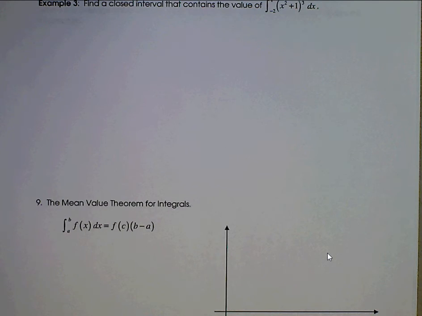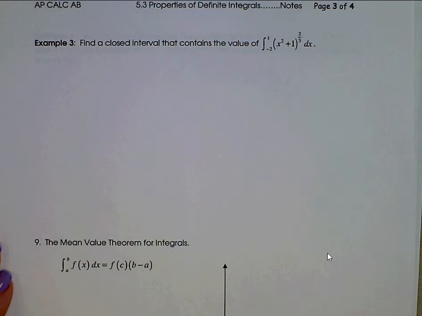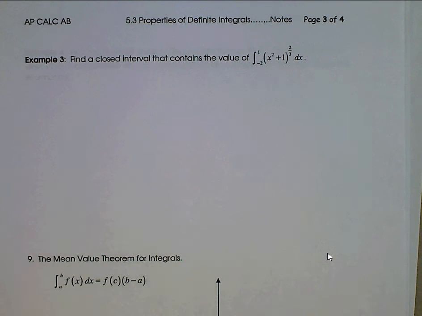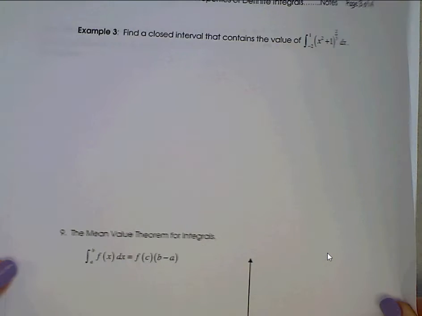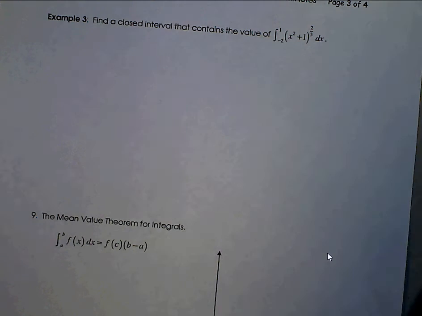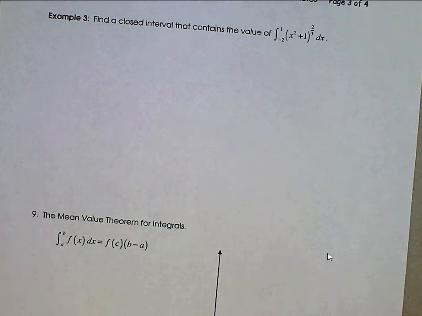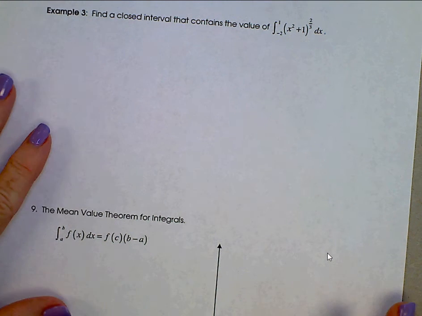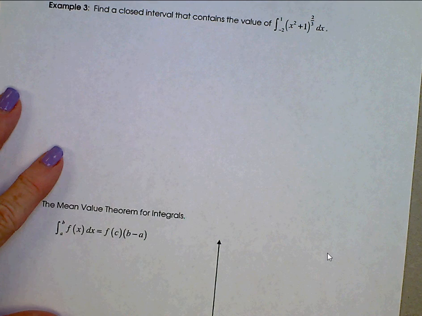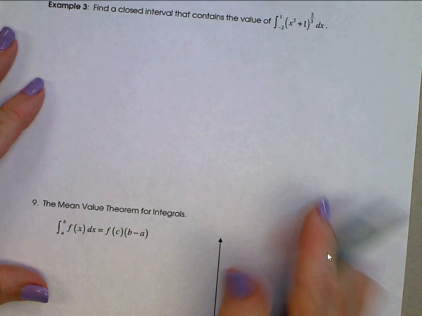Right, here's an example from that last theorem on page 2. And it is this: find a closed interval that contains the value of that integral. So the first thing that we need to do is to find the little m and the big M, which are the maximum and minimum values of that function.